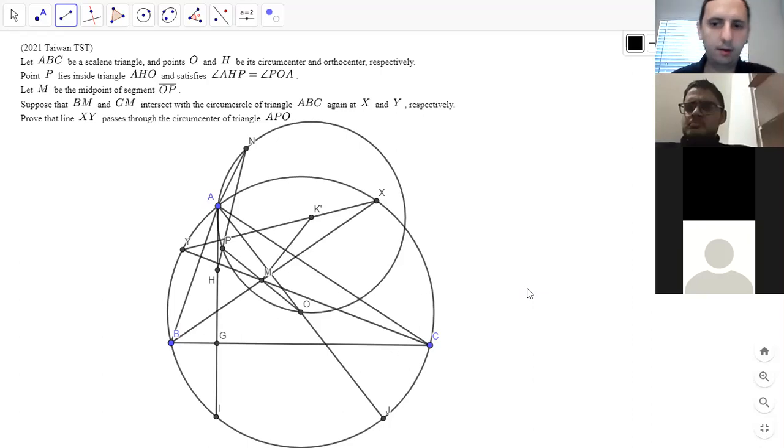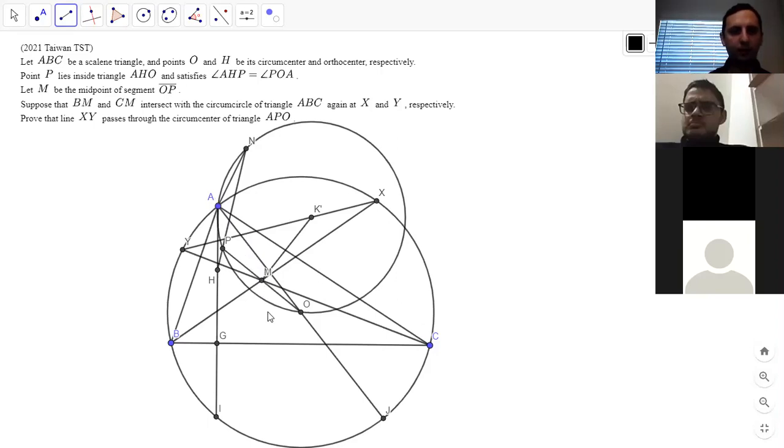So yeah, I've seen a couple problems where you take... okay, yeah, so we have CM and BM. I wonder if it's worth drawing the symmedian, because AM is a median.